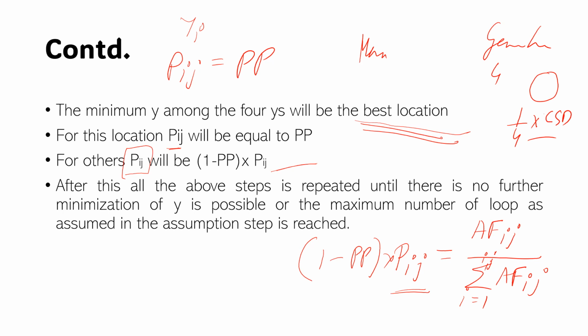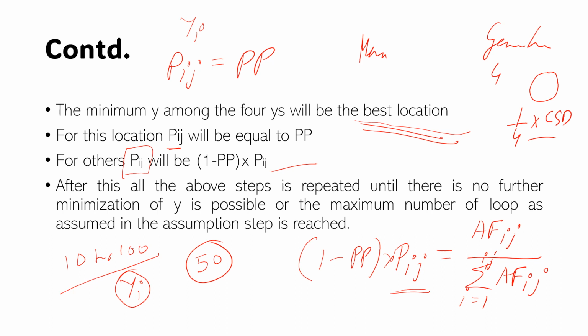That means suppose for 10 iterations, the same yi is becoming the best location. So when that is the case, you can stop, or you can stop after your pre-assumed number of loops is over. That means in our case it was 50.